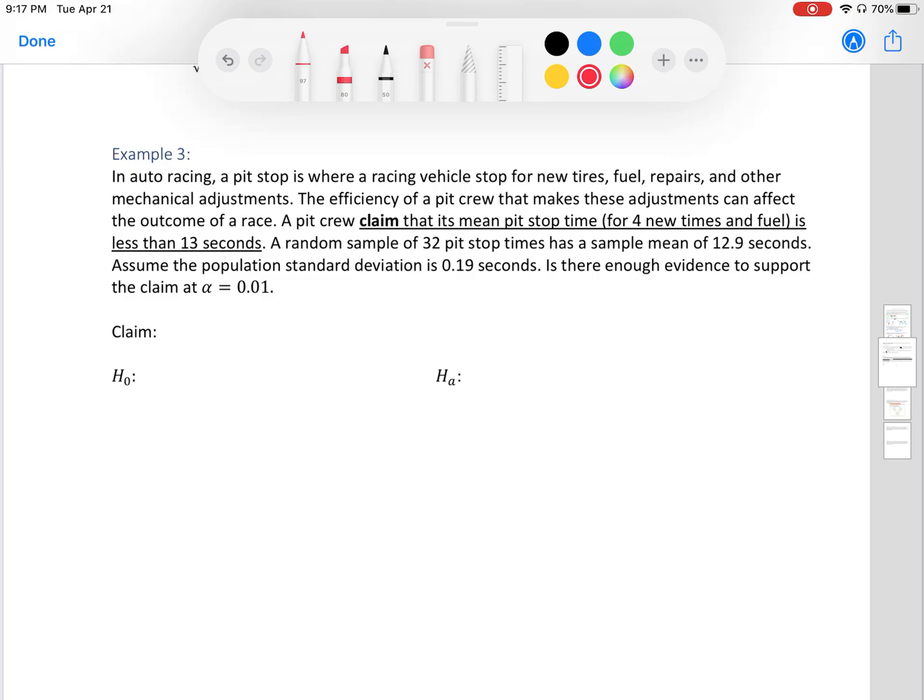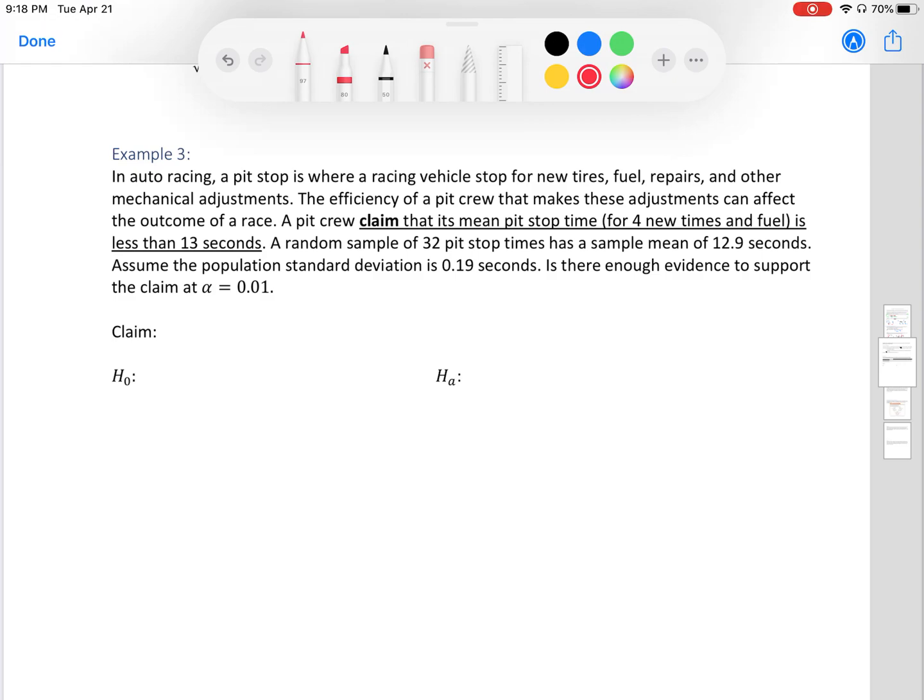The efficiency of a pit crew that makes these adjustments can affect the outcome of a race. A pit crew claims that its mean pit stop time for 4 new tires and fuel is less than 13 seconds. A random sample of 32 pit stop times has a sample mean of 12.9 seconds. Assume the population standard deviation is 0.19 seconds.